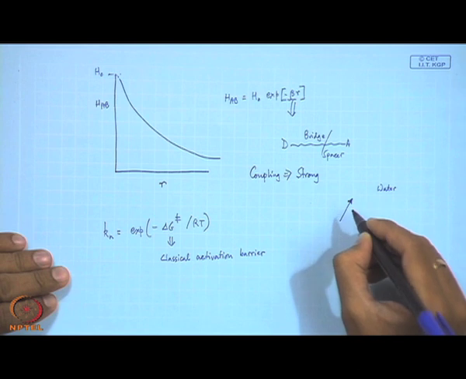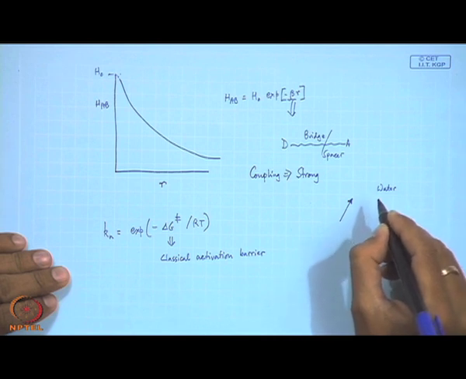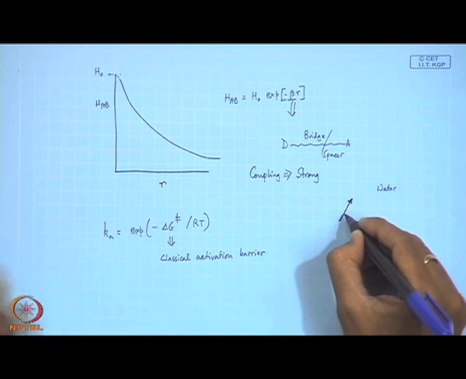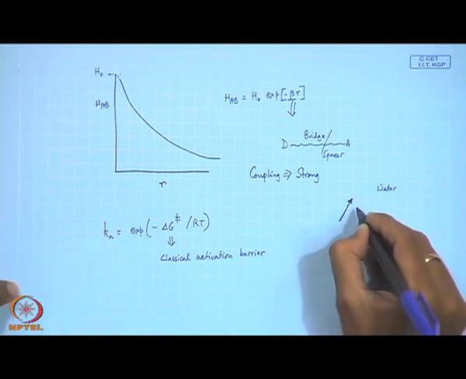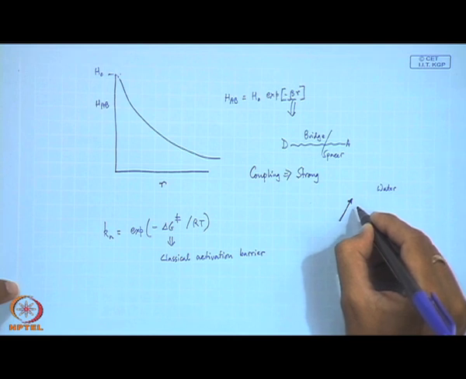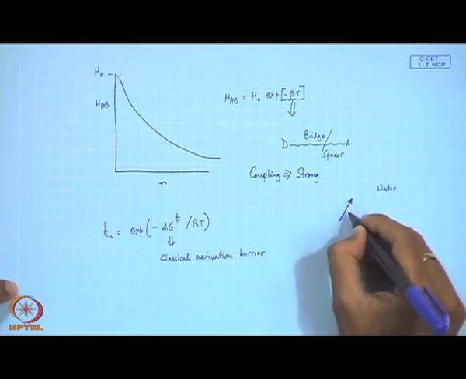Initially there was no dipole, but immediately after the creation of the dipole, the water molecules will face some electric field, and as a result, these water dipoles will tend to reorient themselves so that the energy gets minimized. So, solvent molecules are reoriented as a result of the creation of this transient dipole.